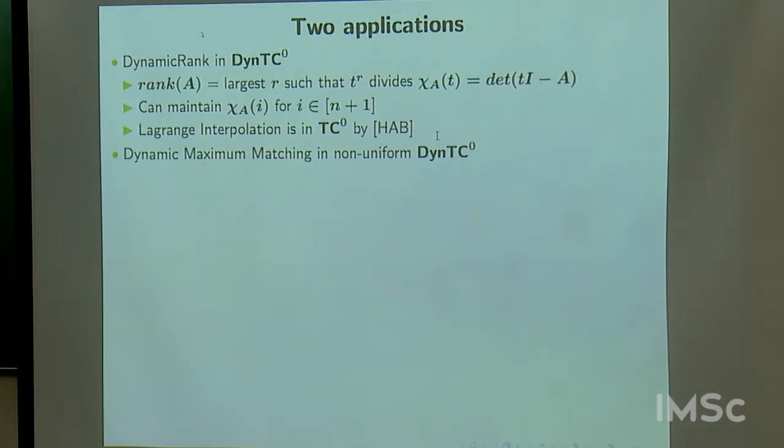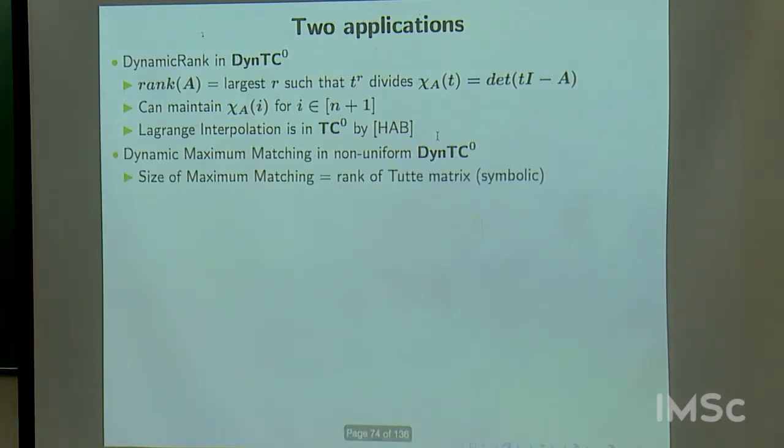The other is dynamic maximum matching in non-uniform TC0. Realize that whatever we have said till now is uniform. It doesn't use any non-uniformity or randomness or anything of the kind. It's a deterministic algorithm which runs in DIN TC0. On the other hand, now we use some non-uniformity.